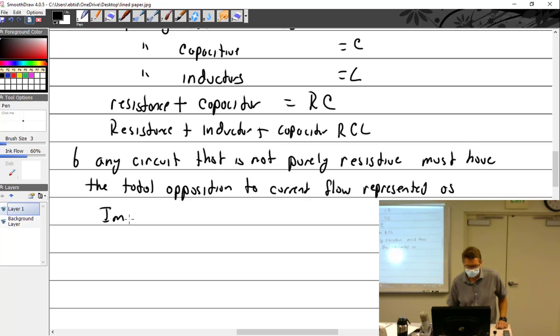It impedes the current flow. And it is represented by the letter Z, or Z if you're from across the pond, as they say.